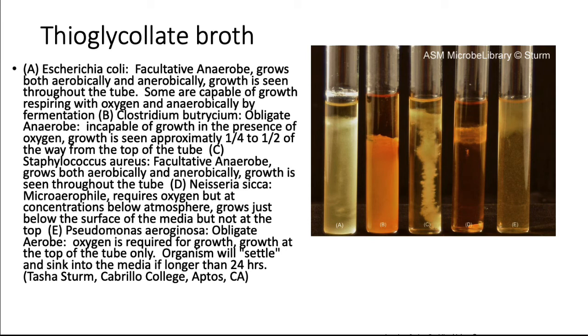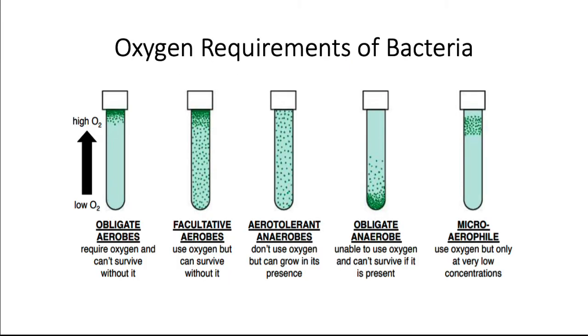So the ones that remain are number A and number C, and they are both called facultative anaerobes in this diagram, although they look slightly different, but they both grow everywhere. And I'm going to go back here. This slide says facultative aerobes. It's actually facultative anaerobes.